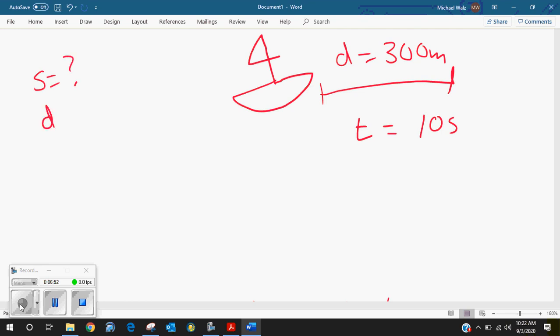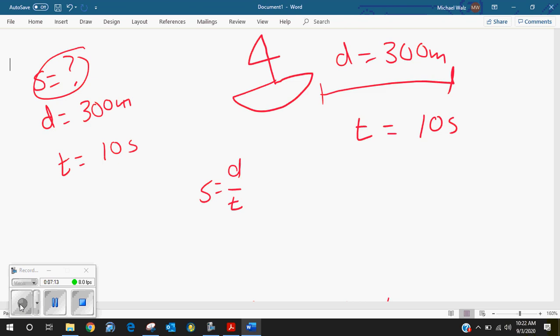If you want help with your math and you don't have a checklist, I won't be able to help you. So you always put down everything you know so you can work to find what you don't know. Speed is distance per time. We don't have to do any algebra with this formula. 300 divided by 10. Your speed is 30 meters per second.